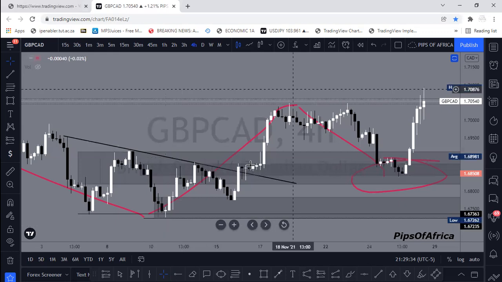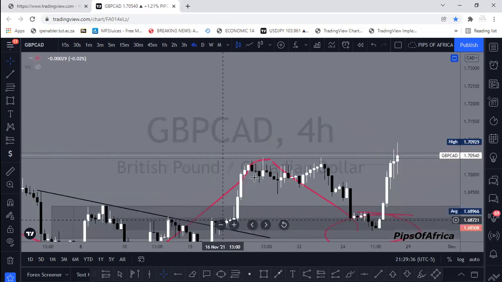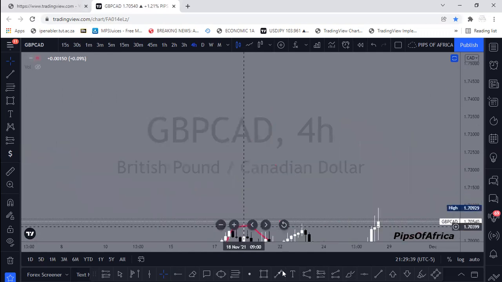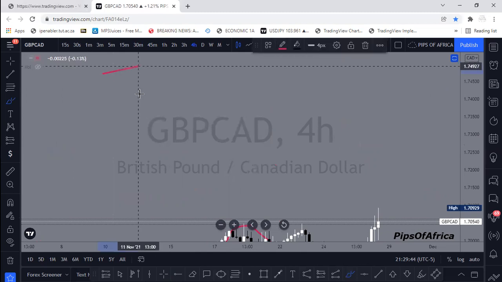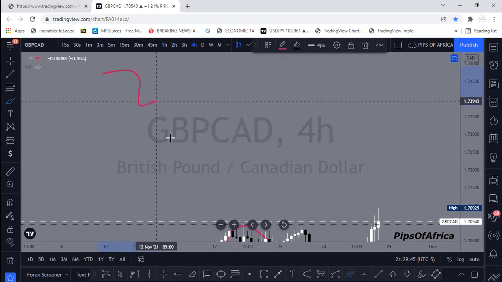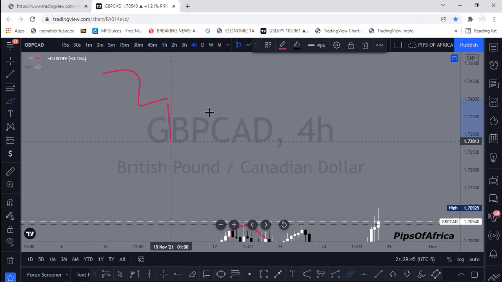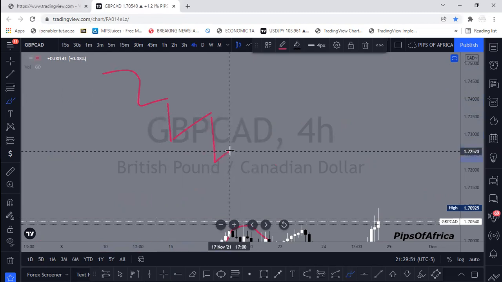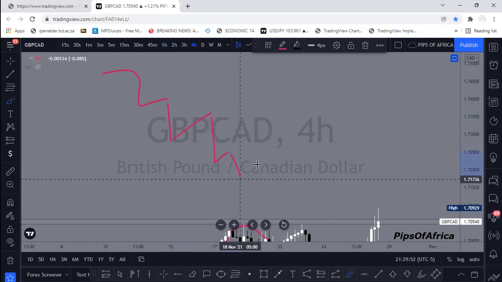Okay, let me try to make this simple by doing some illustrations here. Let's say the market was trading like this: down, up, down, up, down, up, down, up, down.